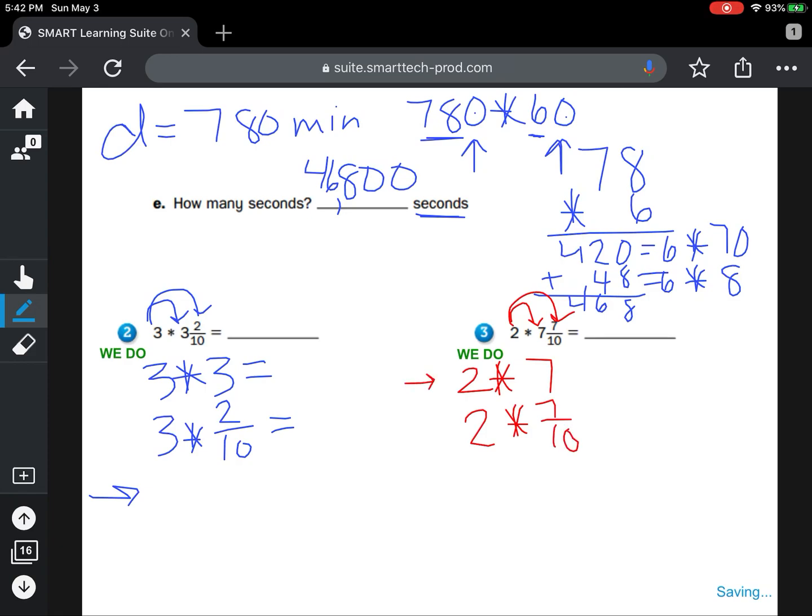Then you'll take your first product and your second product, and then you will add them together to get your final answer. So what you need to do now is pause your video, solve number 2, solve number 3, then turn it back on and we'll check your work together.